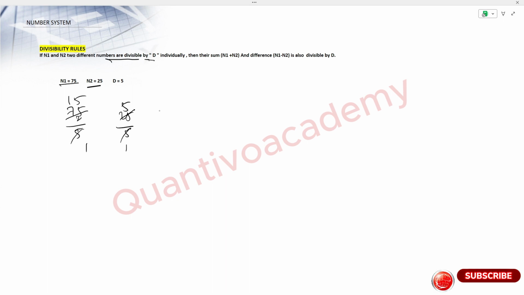Then the sum of these two numbers, n1 plus n2, 75 plus 25, is equal to 100, which is also divisible by d. Here d is 5, 5 1s are 5, 5 20s are 100.